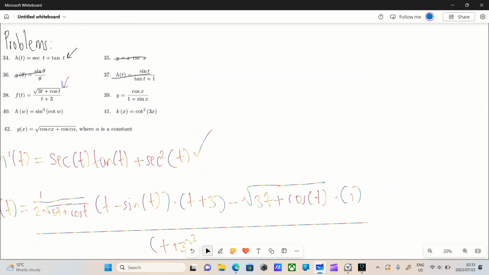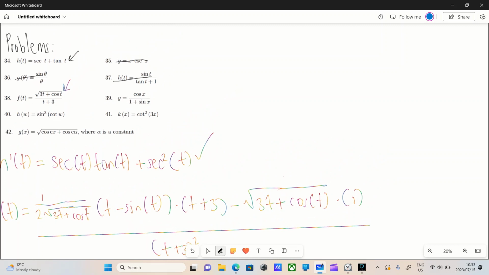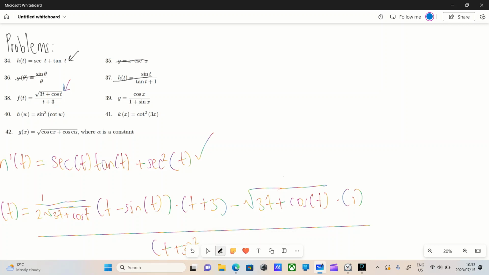We then have 39. I'll do it up here, let's do it in black. So 39, we have this one. The derivative of y would be equal to the derivative of cosine, so negative sine, multiplied by the bottom, that being 1 plus sine x, minus the top, that being cosine x, multiplied by the derivative of 1 plus sine x.